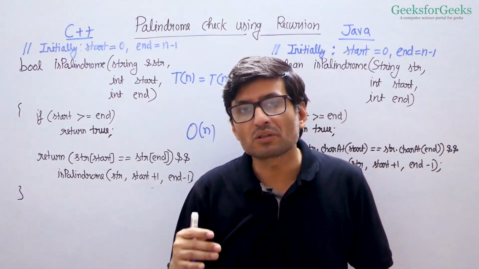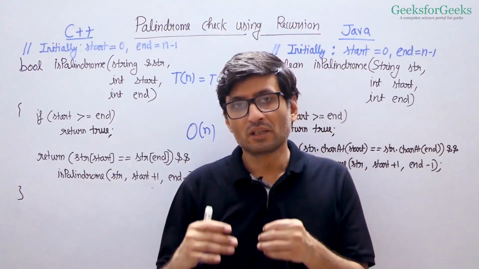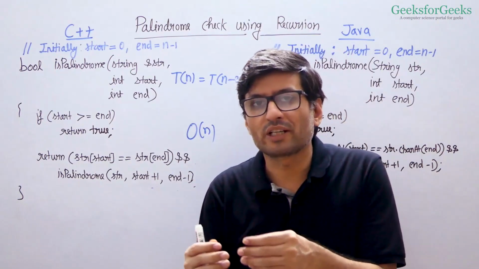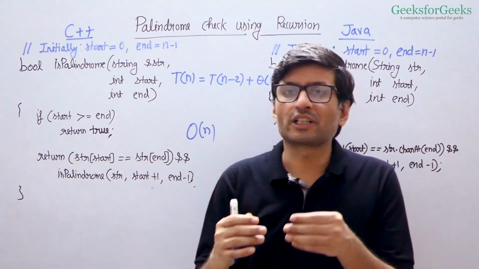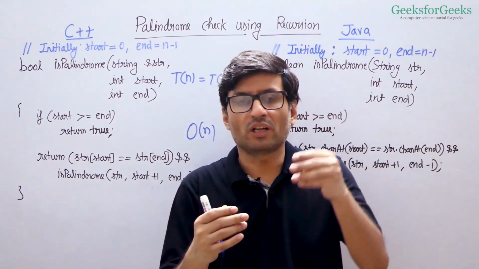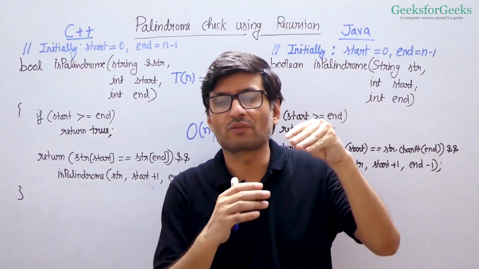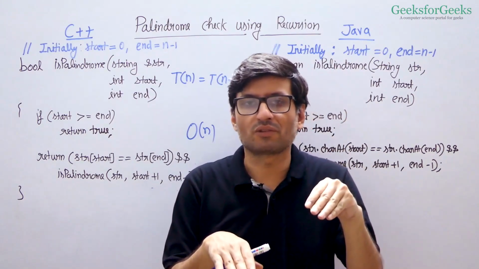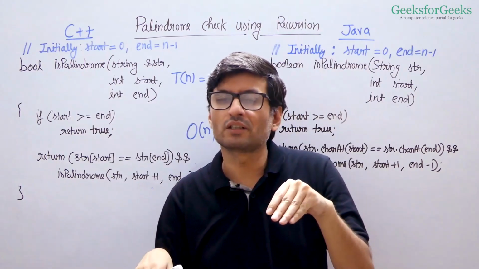Now talking about auxiliary space, see, we are making a recursive call for length n minus 2. So if string length is say 10, then you will have this recursion call for 10, then you will have recursion call for 8, then 6, then 4, then 2, right?